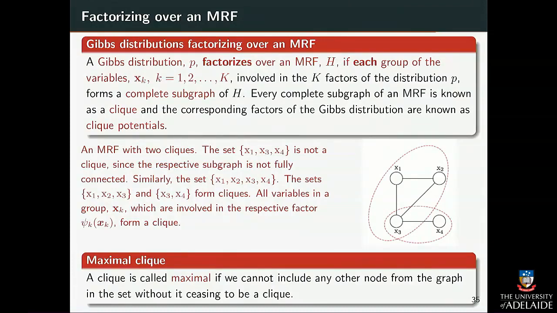So let's call the corresponding undirected graph H. Each group of variables that is involved in a factor in the MRF essentially forms a complete subgraph, right?